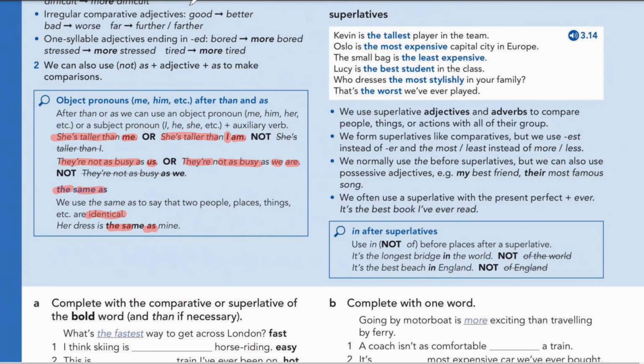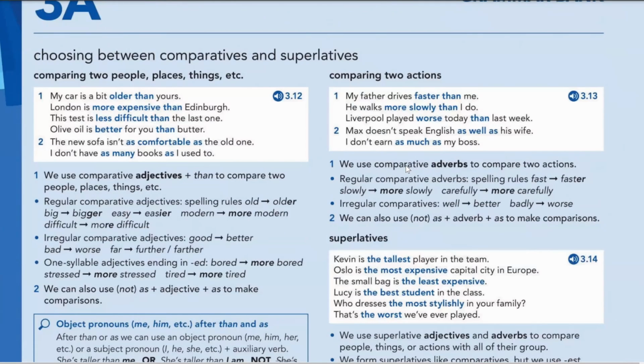All right, now we're going to move to action, how to compare actions. As I mentioned earlier, when you want to compare actions, you have to use adverbs, because action means verb, right? And when you want to describe a verb, you must use adverbs. Right, guys? So adverbs also have comparatives and superlatives. So we use comparative adverbs to compare two actions.